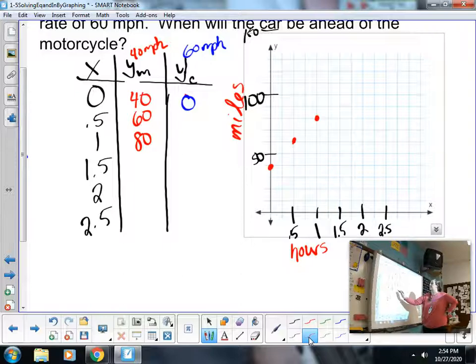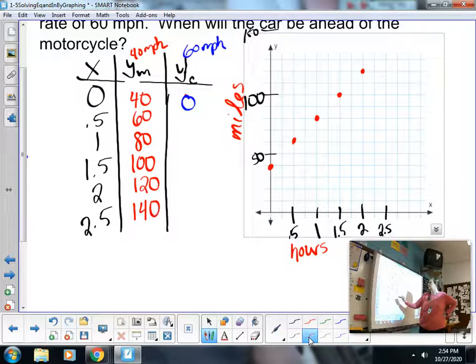An hour and a half, going to be at 100. At 2 hours, we're going to be at 120. And I'm going to go ahead and do 2.5 hours. That is going to put me at 140.